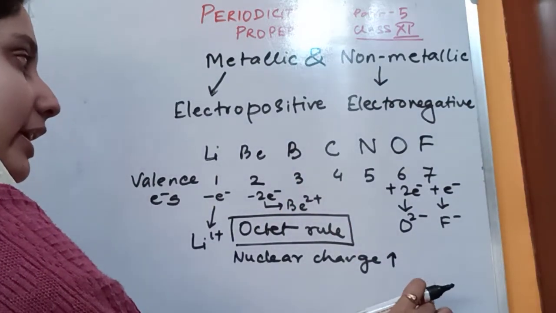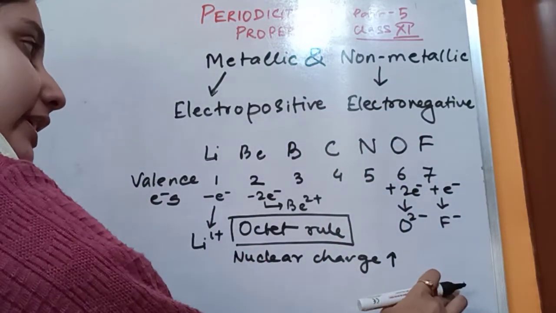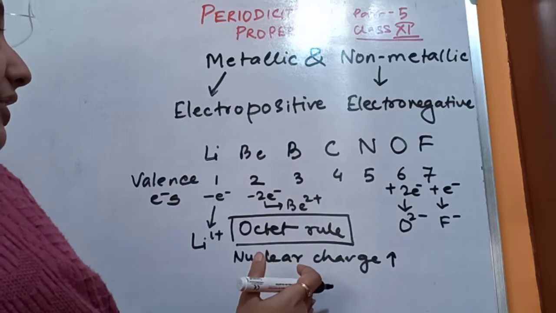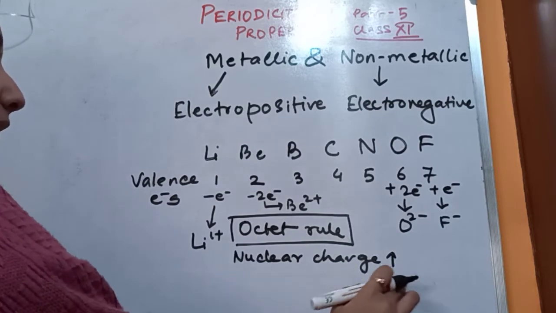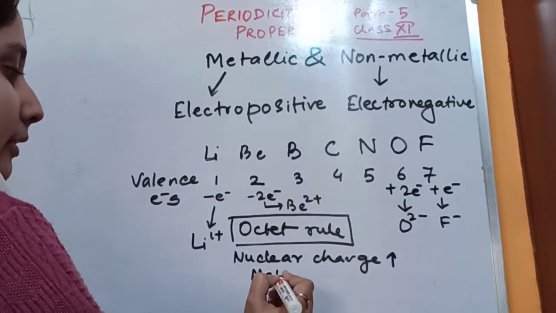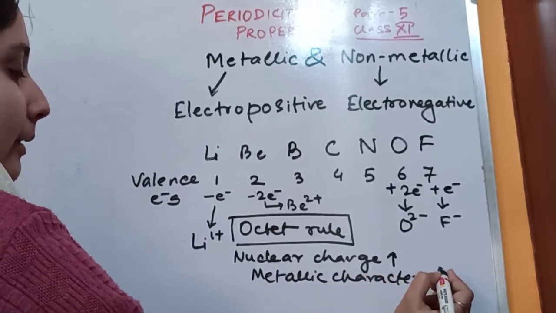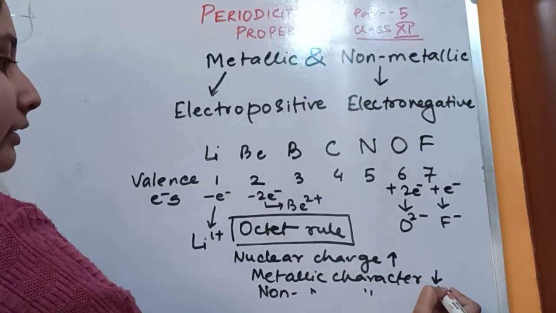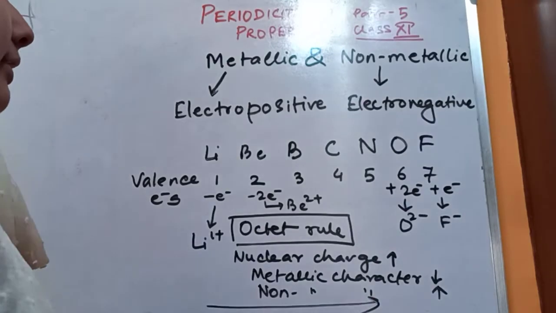So, across a period, the atomic radii decreases, the electropositive character decreases and electronegative character increases just because of the increase in the nuclear charge. So across a period, the metallic character decreases and non-metallic character increases. Now what happens down the group?